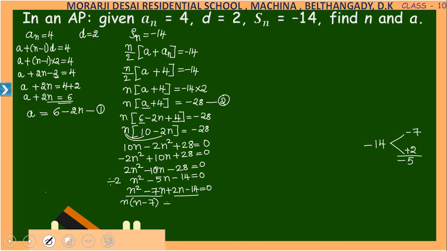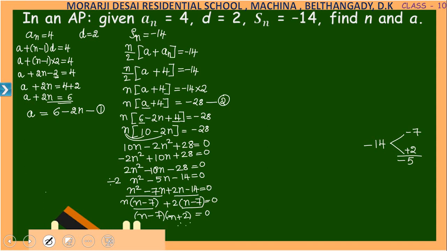In the next two terms, 2 is common, n minus 7 is equal to 0. Now n minus 7 is common, into n plus 2 is equal to 0. So n minus 7 into n plus 2 is equal to 0.